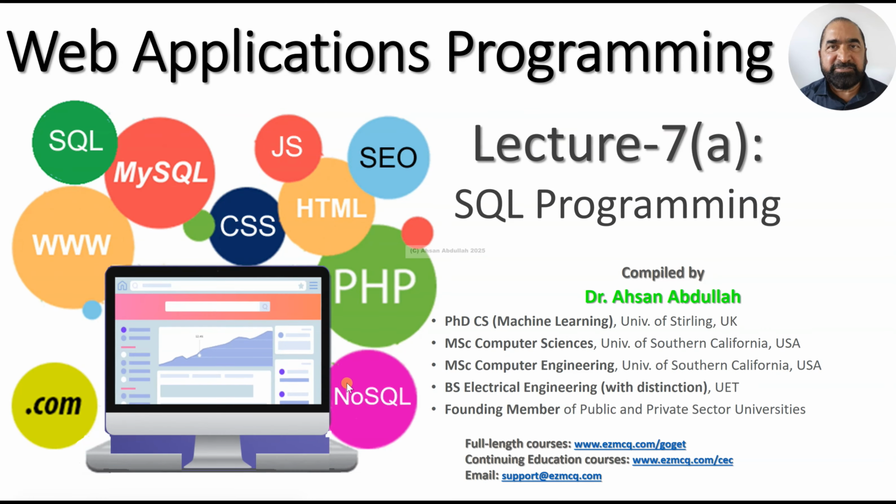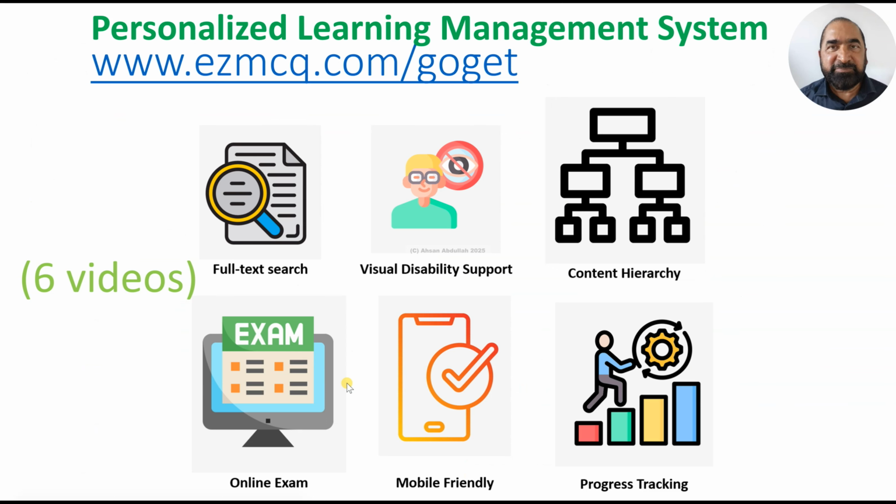This is the personalized learning management system, and it has some wonderful features which help you get the most out of it. It provides full text search, basic and advanced, and you can search for the topics or the material of your interest. If there is any visual disability, the user can set the font size, the color, the line spacing, and the type of font to maximize accessibility.